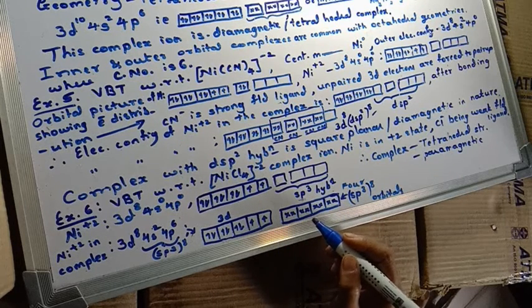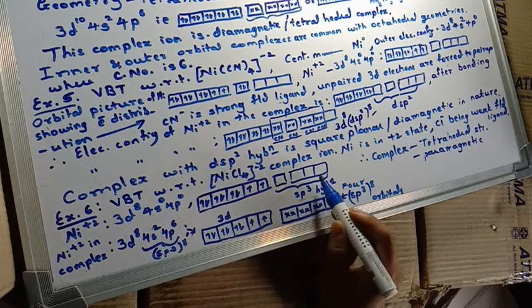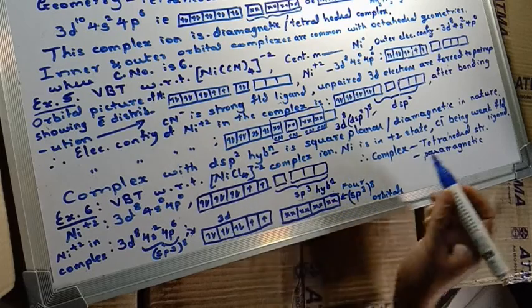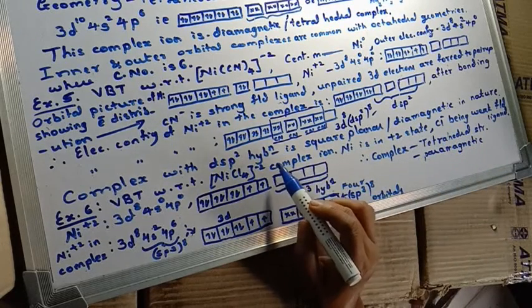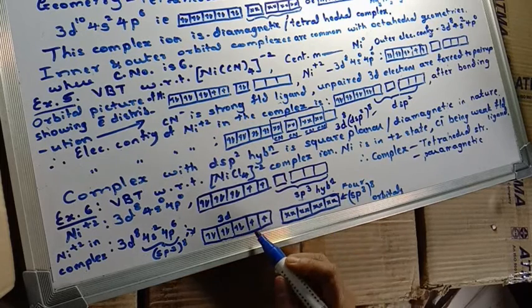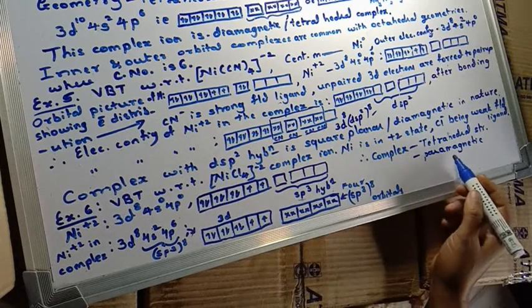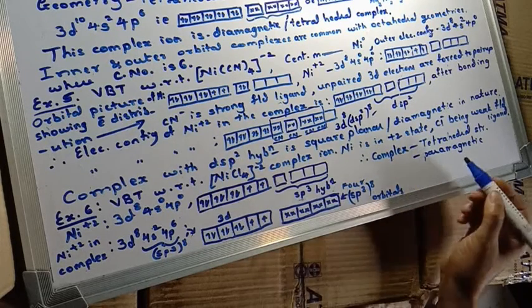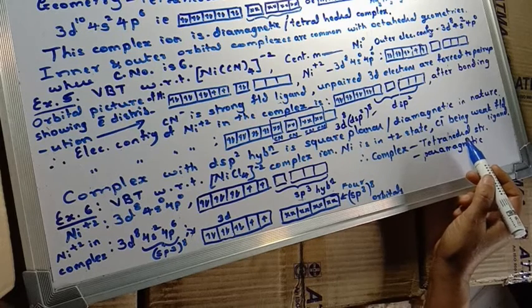After bonding, the empty hybrid orbitals of the metal ion overlap with the filled sigma orbitals of the chloride ions, thereby forming [NiCl4]2-. Now two unpaired electrons are present in the d orbitals, hence the complex is paramagnetic in nature, and the type of hybridization is sp3, and thereby the geometry of the molecule is tetrahedral.